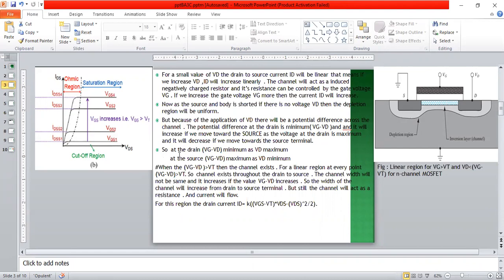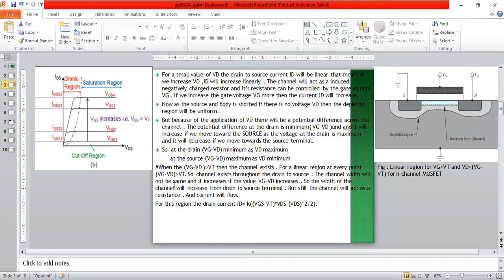So at the drain, Vg minus Vd is minimum as Vd is maximum, and at the source, Vg minus Vd is maximum as Vd is minimum. When Vg minus Vd is greater than Vt, then the channel exists. For a linear region, at every point Vg minus Vd is greater than Vt. So the channel exists throughout from the drain to the source.